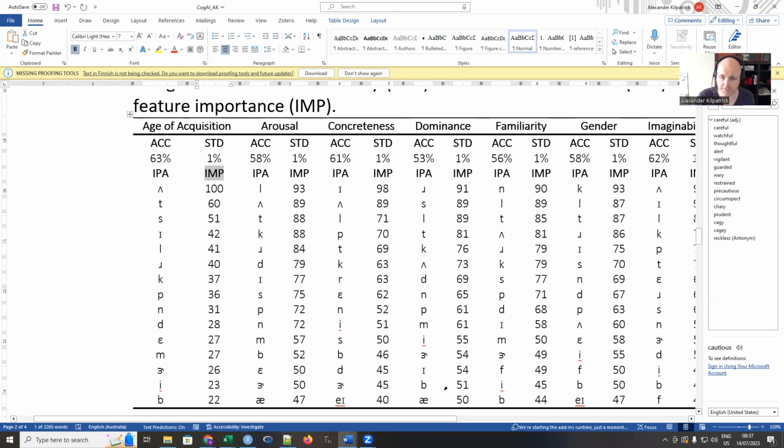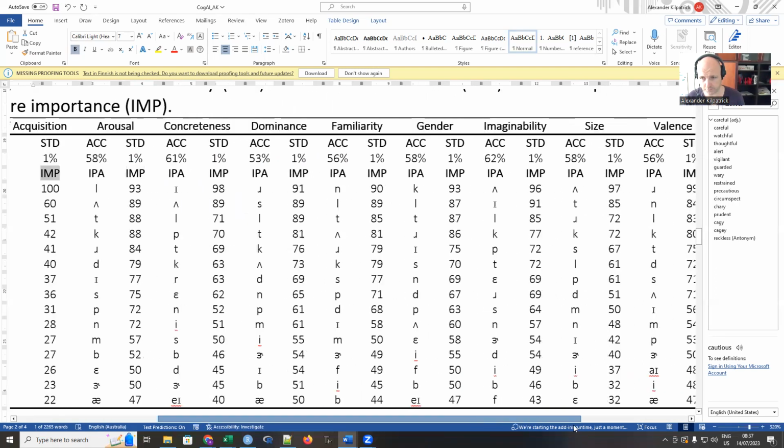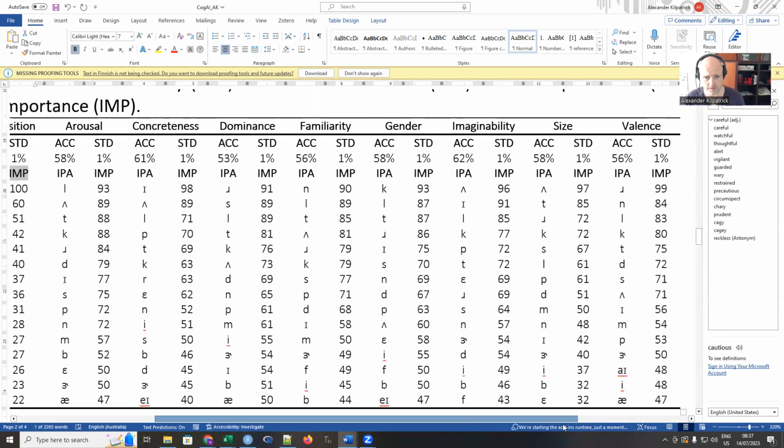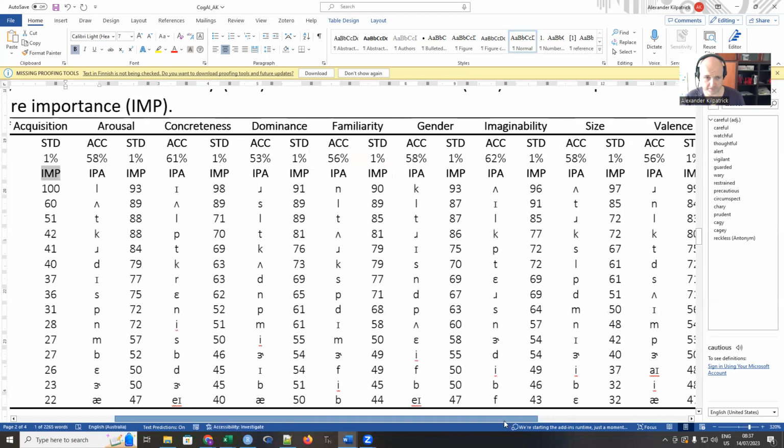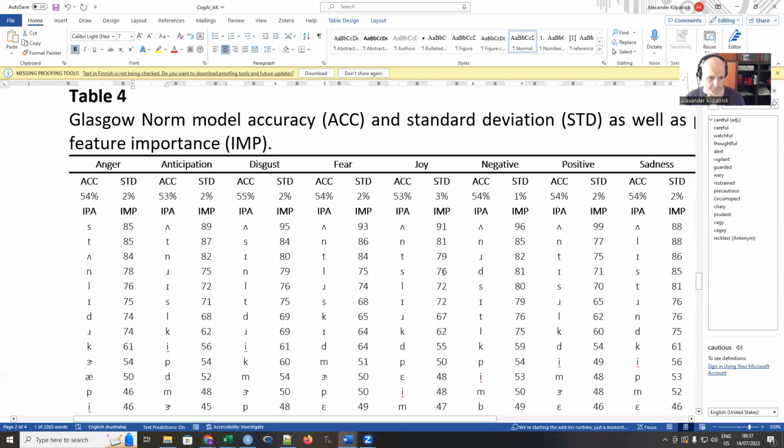Once I figure out whether I'm going to be using Shapley or my own homebrew method for determining directionality, then I'll add that into the final paper. But at the moment, that's not included. All I'm doing here is reporting which sounds, which phonemes, sorry, are important. So yes, pretty straightforward. You've probably seen this data before because this is the Glasgow norm stuff.